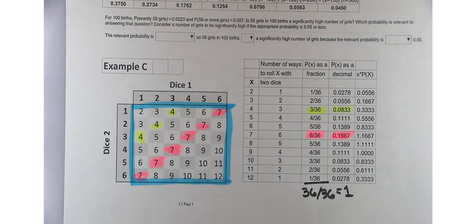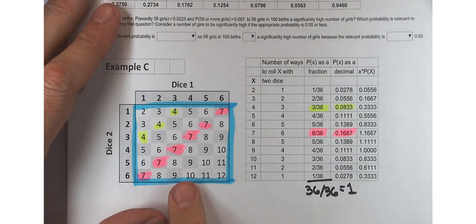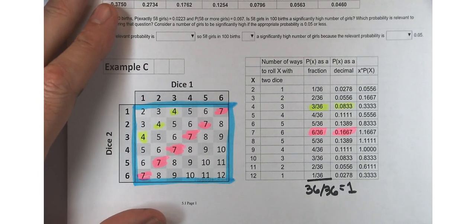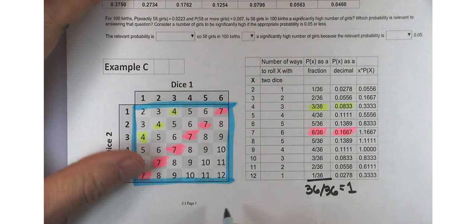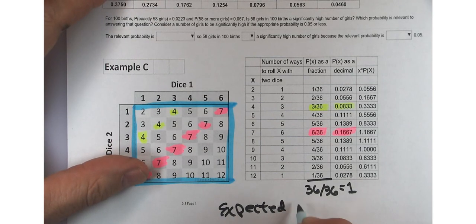But oftentimes what we want to figure out is what's going to happen on average when you play this game. If you were to roll a pair of dice thousands and thousands of times, what's your average roll going to be? And that's going to be something called your expected value. So let's figure out what the expected value is for a pair of dice.